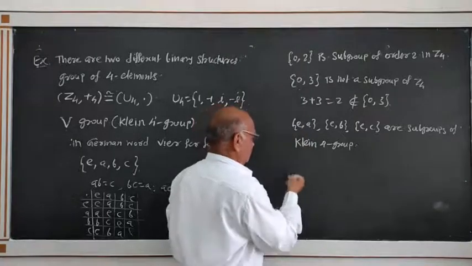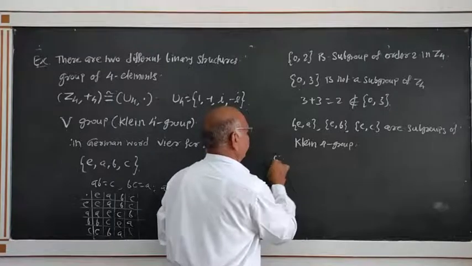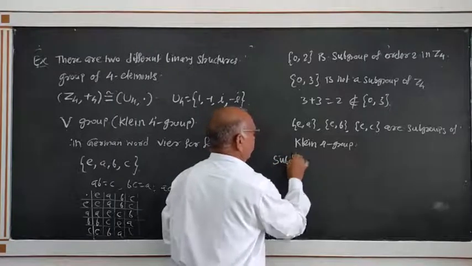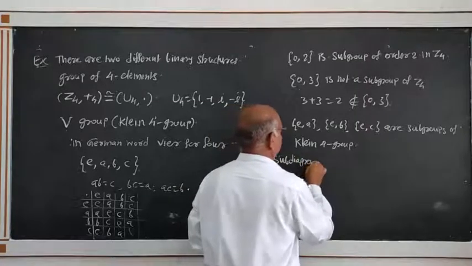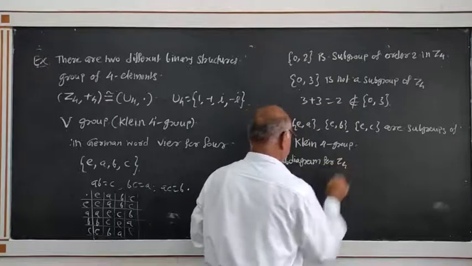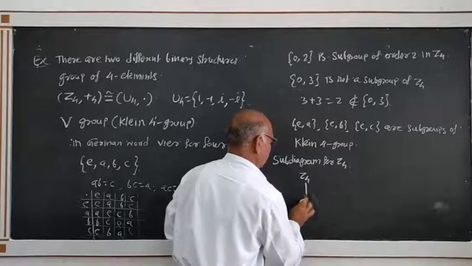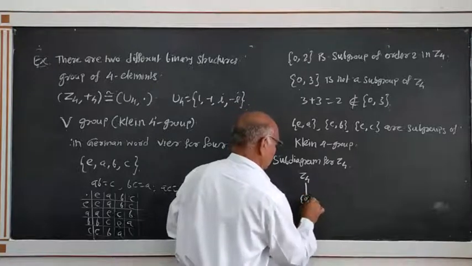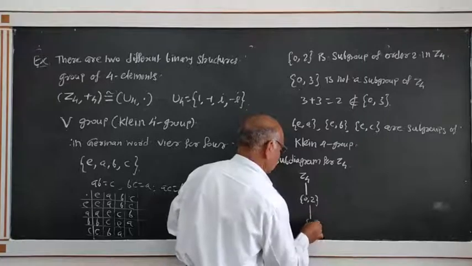If you take the subgroup diagram for Z4, this is Z4, then 0, 2, and the singleton 0.